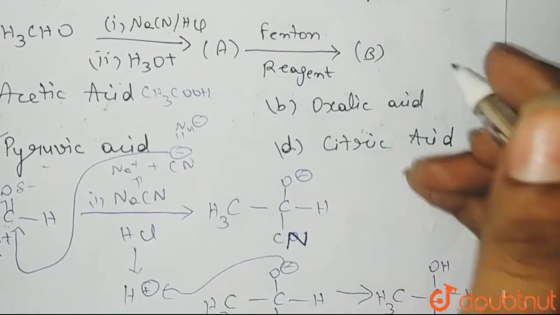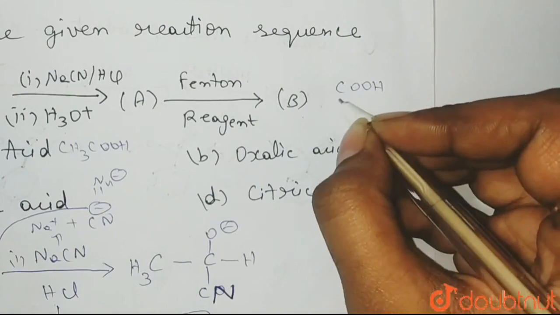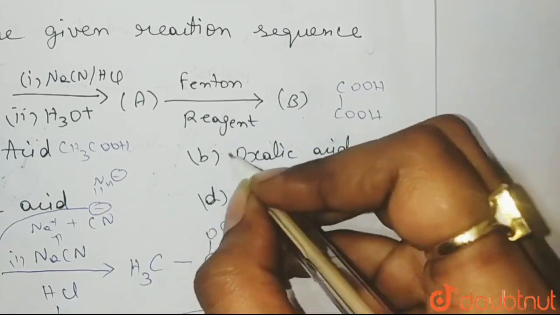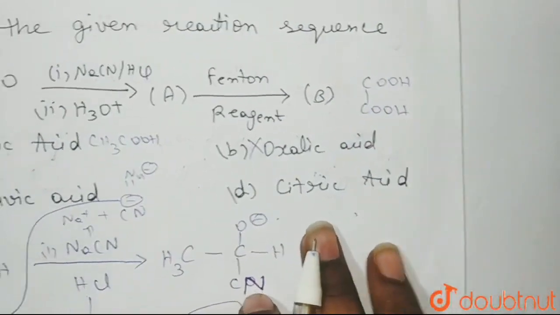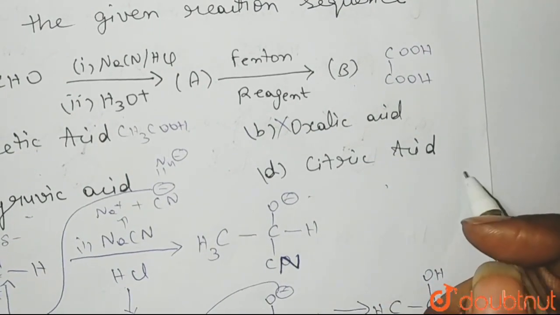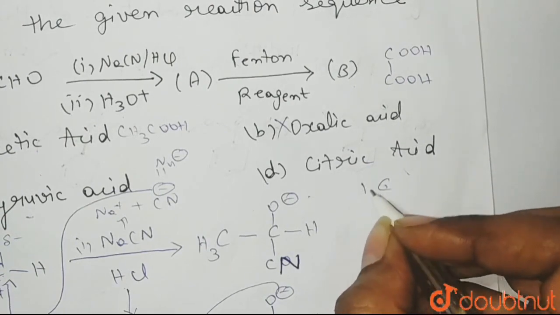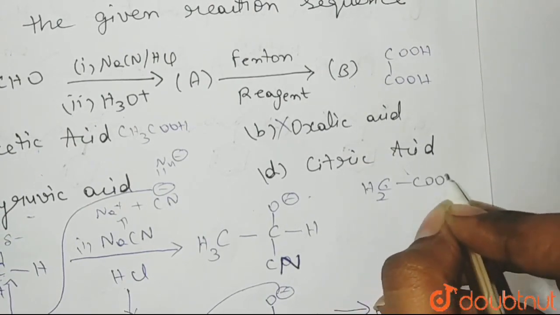Oxalic acid formula is this. You should know the structure of oxalic acid, COOH and COOH. So this is not forming, incorrect. Now the citric acid formula, let me write it here. We have a COOH, a CH2 group to which the COOH group is attached.